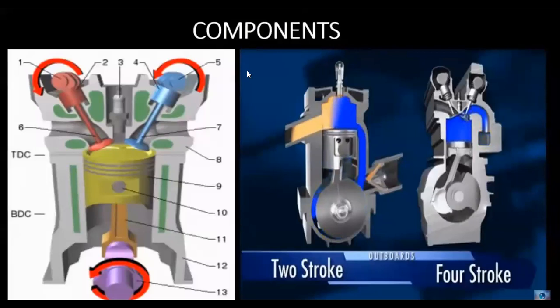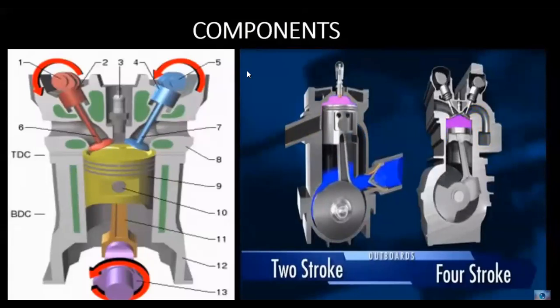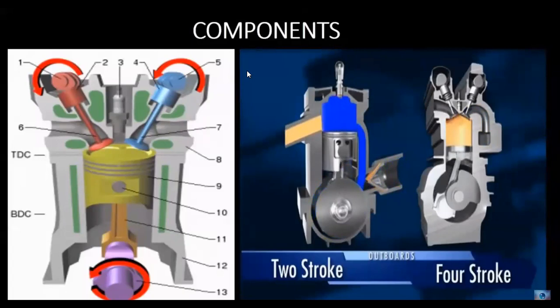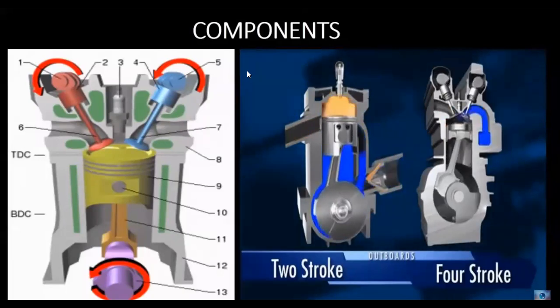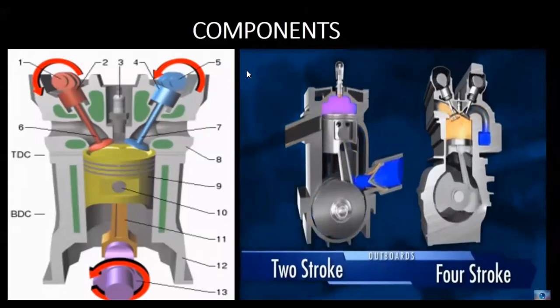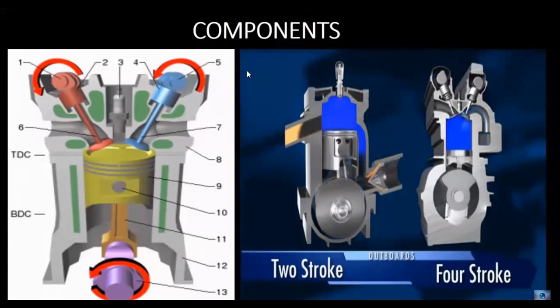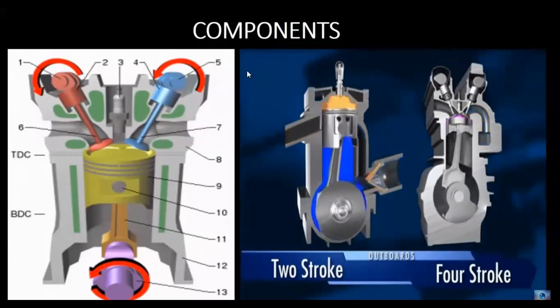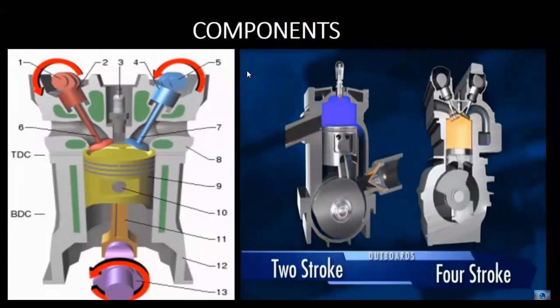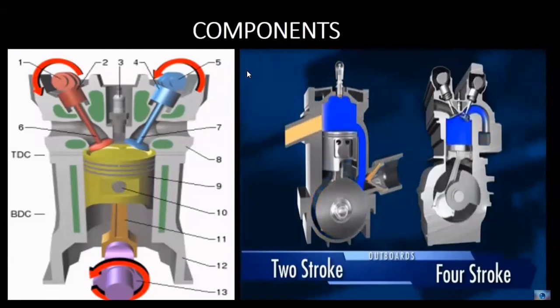Components of an internal combustion engine. Number 1. Exhaust camshaft. Number 2. Exhaust valve bucket. Number 3. Spark plug. Number 4. Intake valve bucket. Number 5. Intake camshaft. Number 6. Exhaust valve. Number 7. Intake valve.